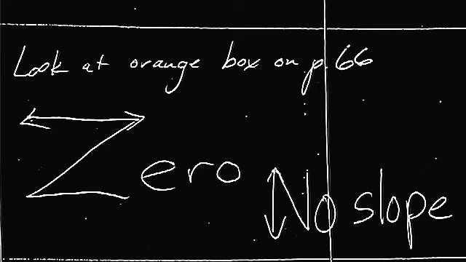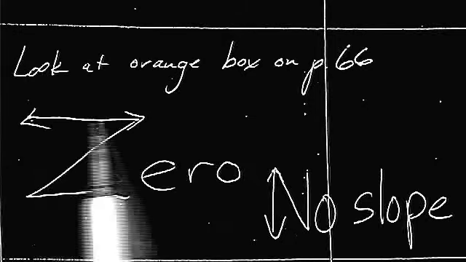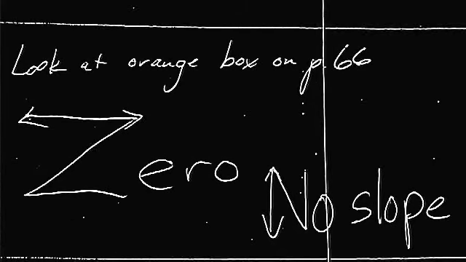You would be doing a free fall. There's a definite chance of death with a free fall off a cliff. So, no chance of death, a lot of chance of death. There's a big difference. I always say there's a life and death difference between 0 slope and no slope.